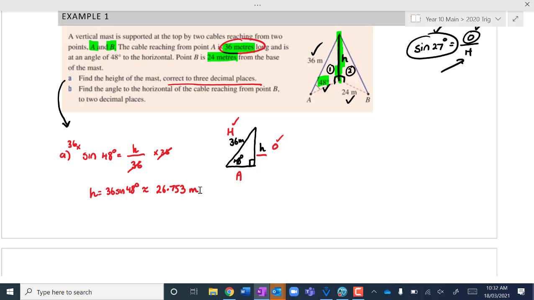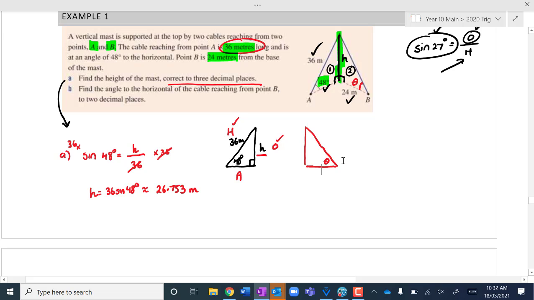Find the angle of the horizontal of the cable reaching from point B. So can you see there, I've got this angle in here which we don't know. I'm going to call it theta. You can call it alpha, beta, gamma, delta, whatever you like. Okay? But sure, use theta. And you know what? Let's draw another triangle just because we can.